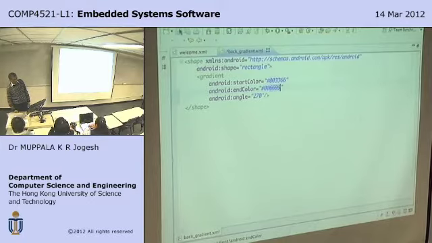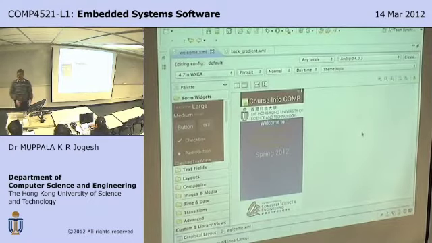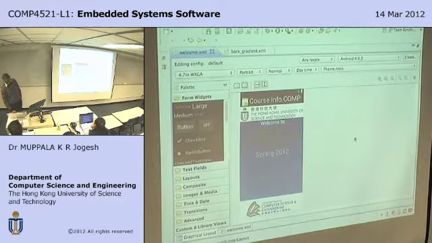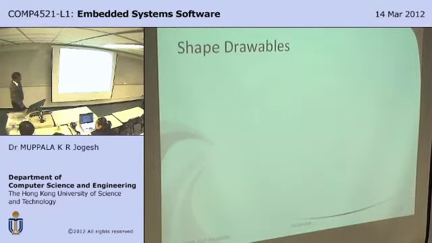Now, this particular one looked reasonably clean on the screen, so that's why I stuck to that variant. So, that is shape drawables for you. When you design user interfaces, make use of these to make the UIs a bit more interesting.